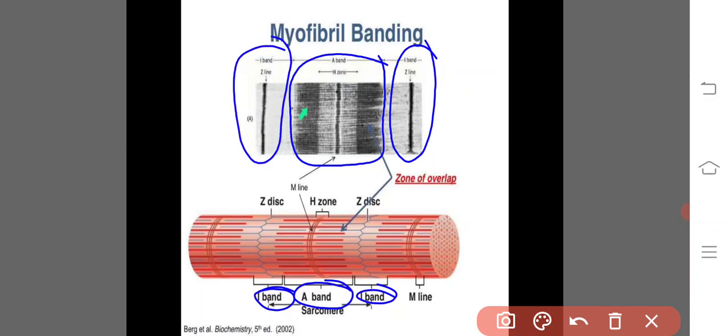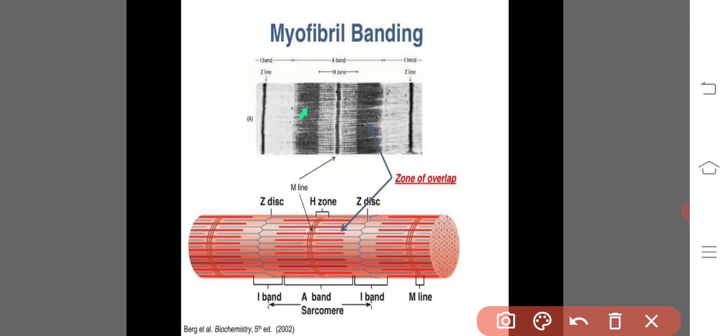The A bands have a central H zone. In the middle of the A band you can find a central H zone, which is again divided by a faint M line in the middle of the H zone.